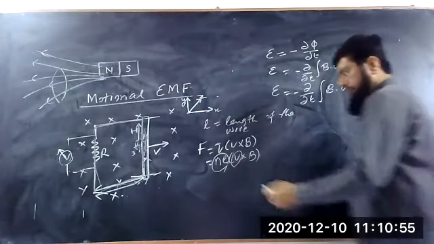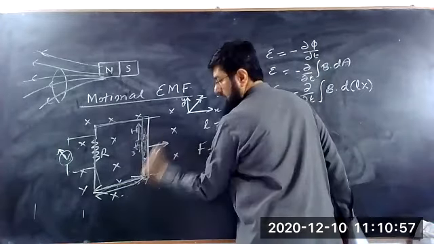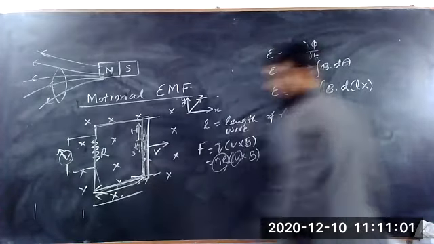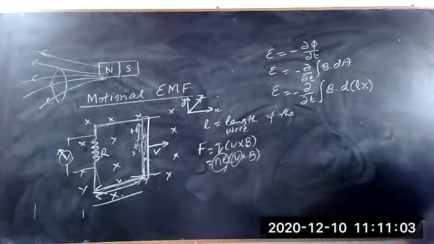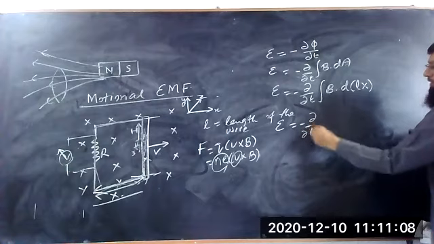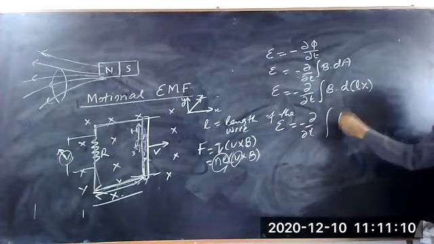Now if we move this wire in this direction, the length will remain the same. Only x will change with time. So the EMF E is equal to minus d over dt of B times L times x.